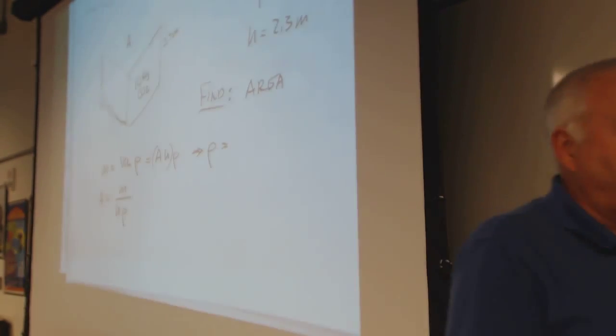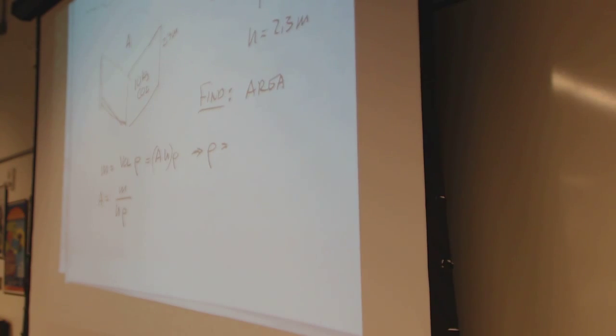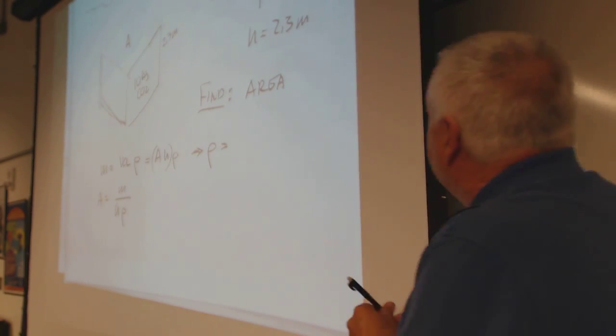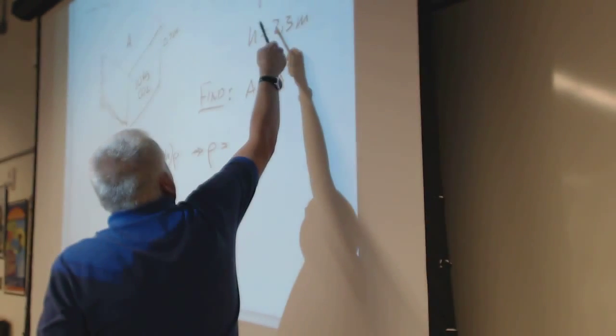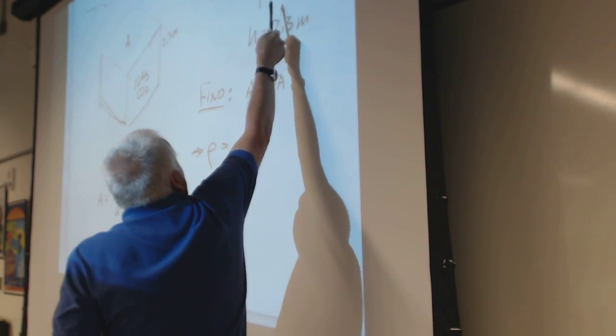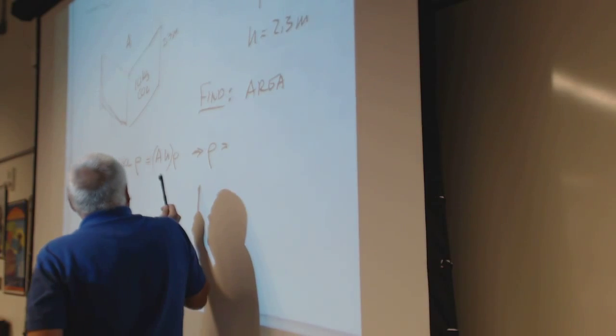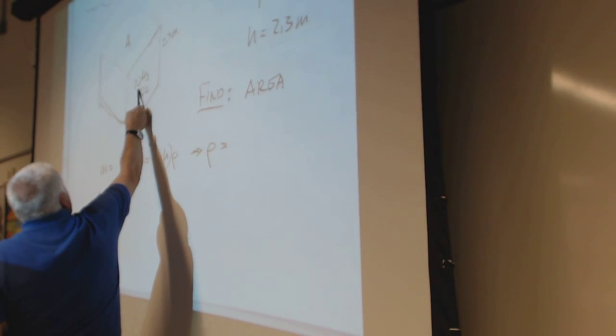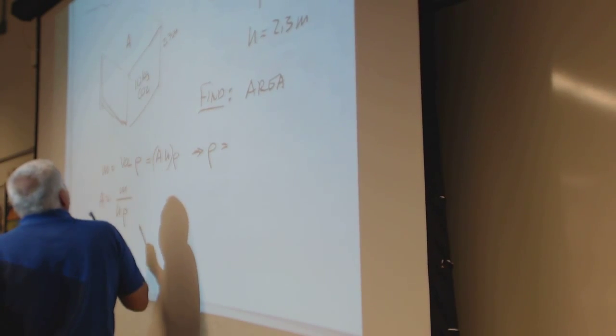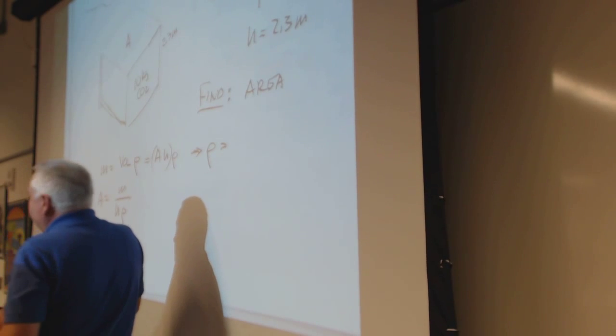So what am I given? I'm given this stuff. I'm going to look at a property at this temperature. What am I looking for? I'm looking for the floor area. Here's my box filled with that much. It's that tall. Mass, my very basic definition of mass, is a volume times a density.